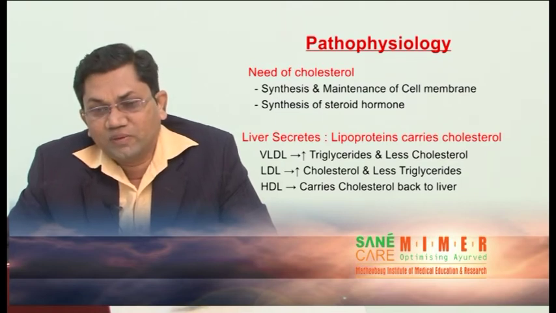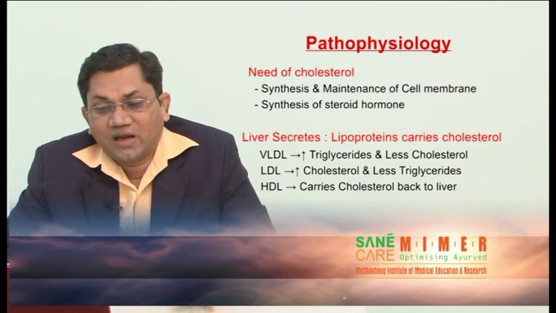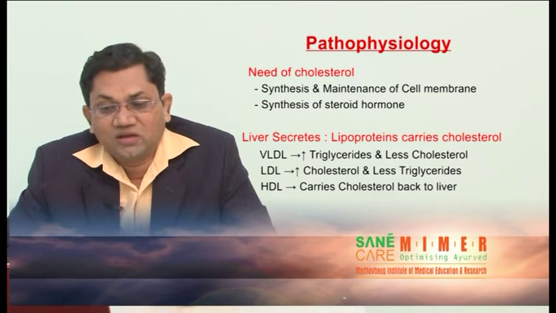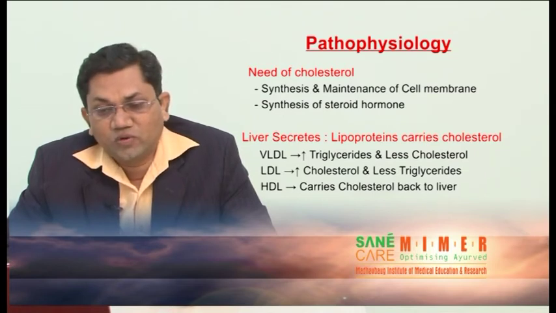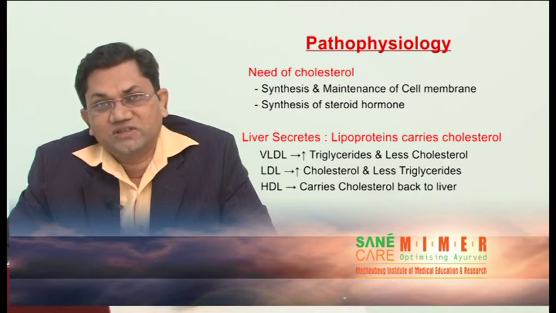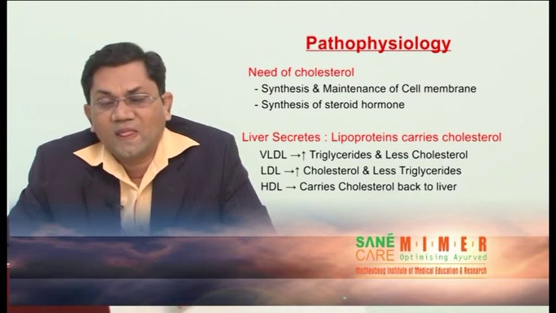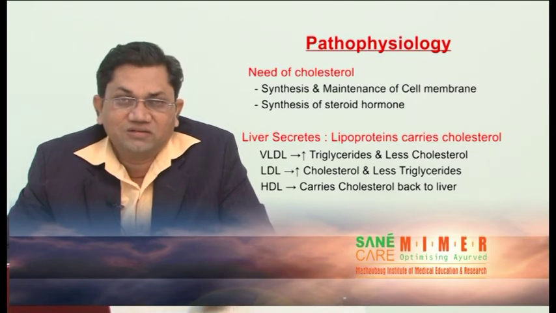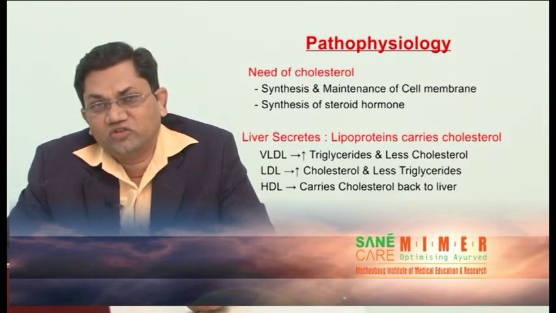So we should remember that the blood vessels and blood are flooded with cholesterol all the time, and who are the transporters of this cholesterol? The lipoproteins. There are different types of lipoproteins like VLDL, LDL and HDL, which transport cholesterol from the manufacturing site, that is the liver, to the peripheral tissue for the synthesis of the cell membrane.